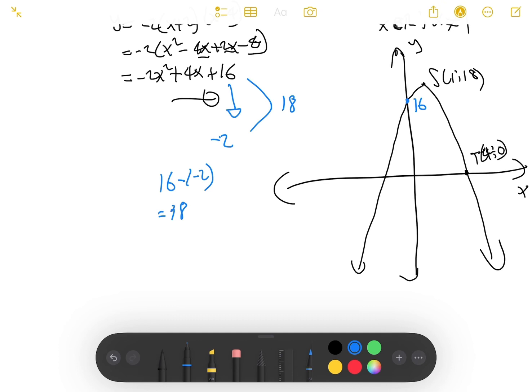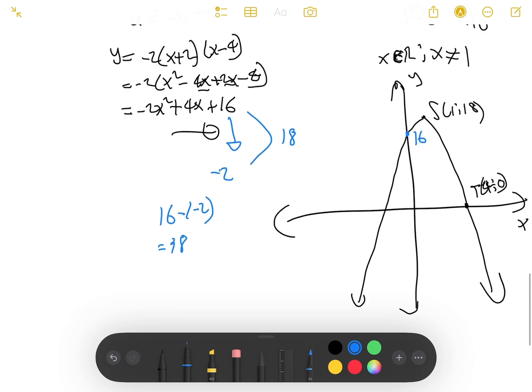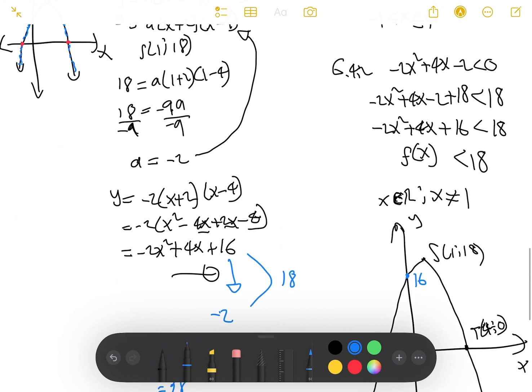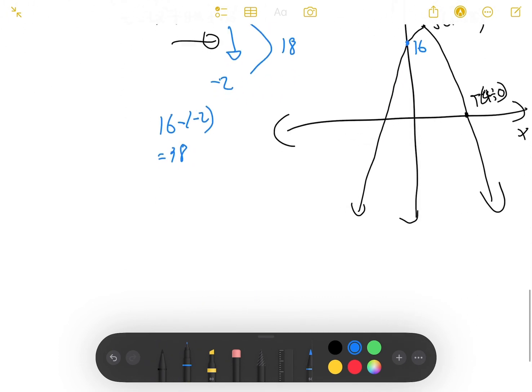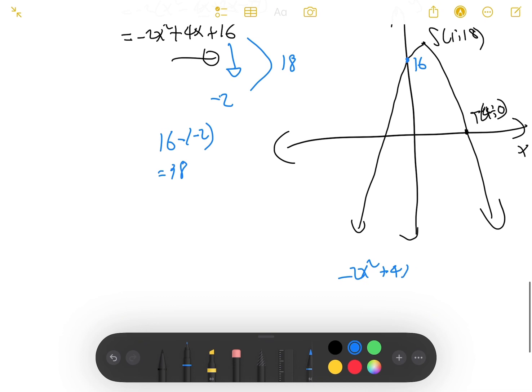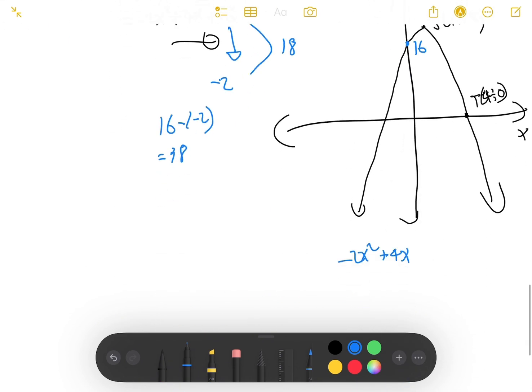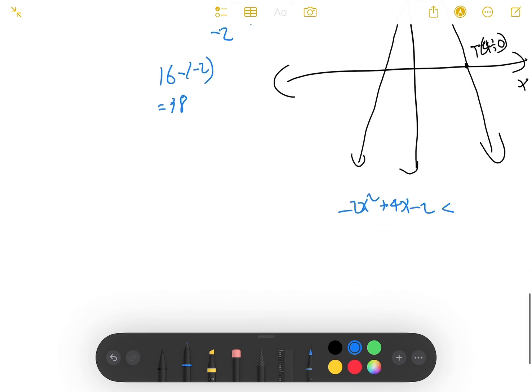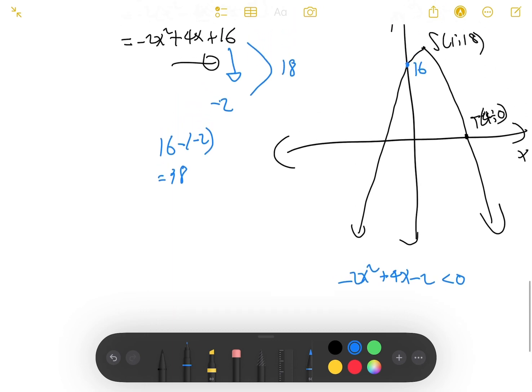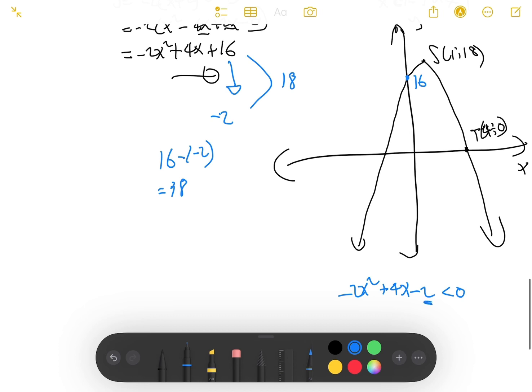So, if it has moved down by 18 points, now the y-intercept obviously is -2. Since now our basis graph is the graph that they gave us, -2 less than 0, right? This is the basis graph that we're using. So using this graph, what you notice is the y-intercept is -2 right here.